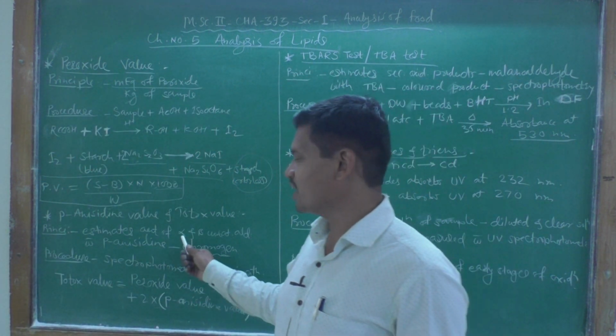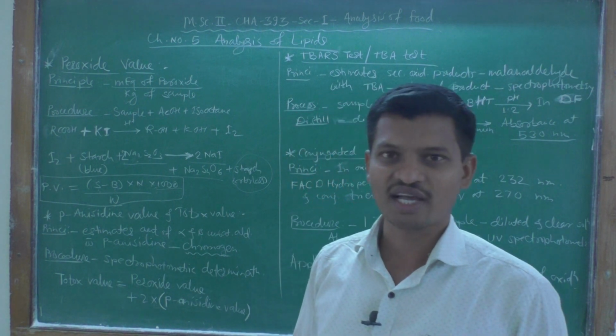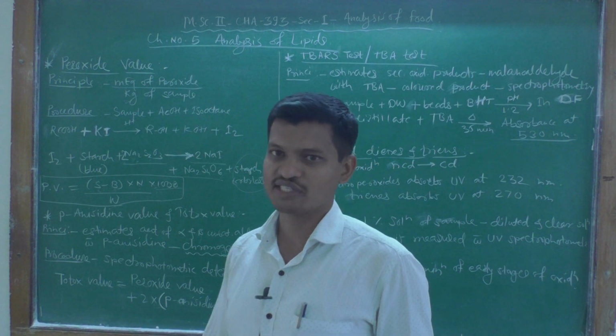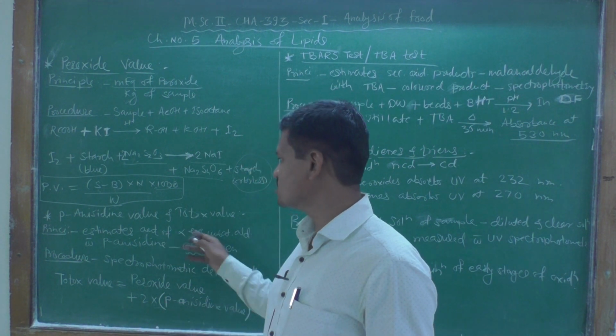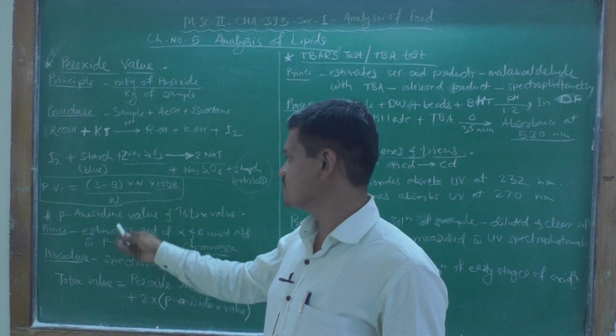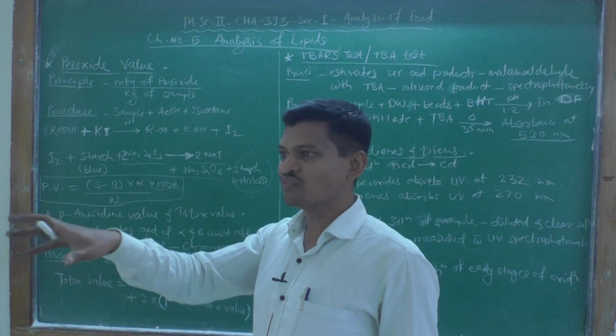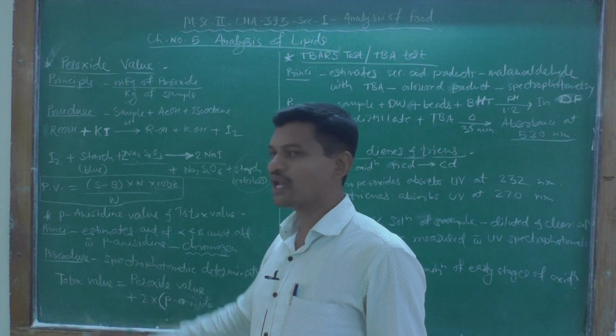These alpha and beta unsaturated aldehydes are the secondary oxidation products of lipid oxidation, and they can be determined from the fat sample by using para-anisidine.